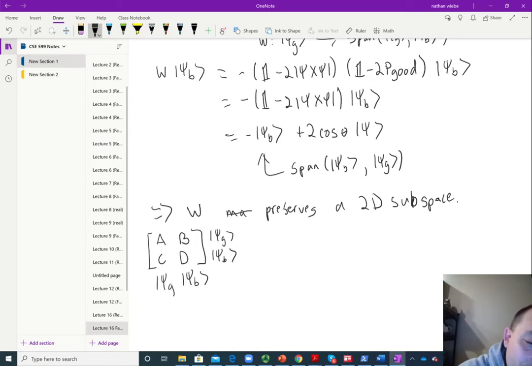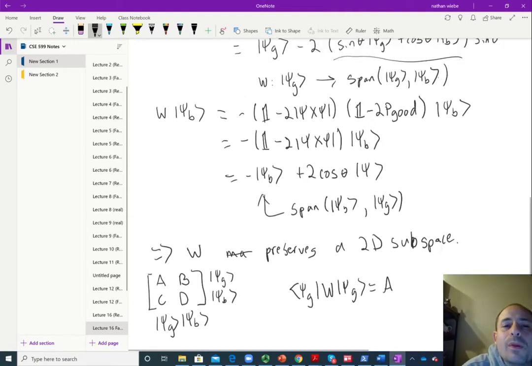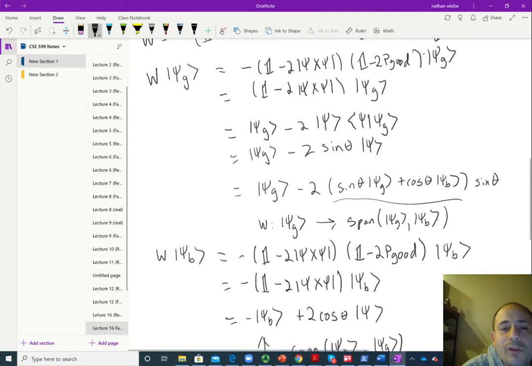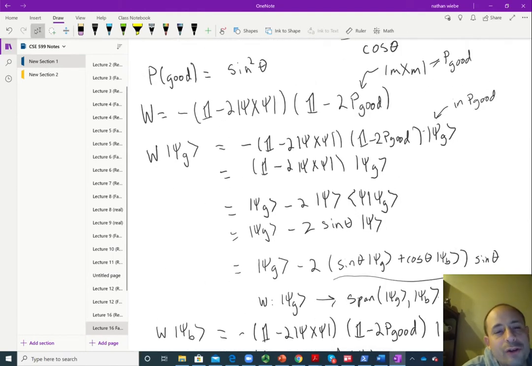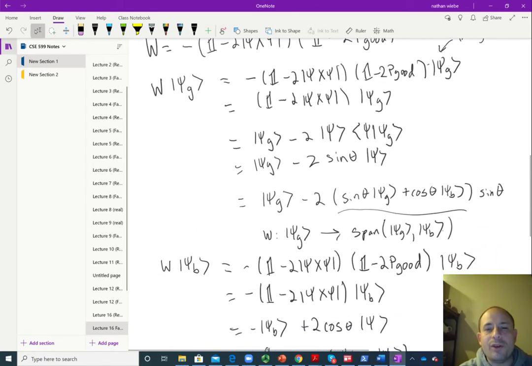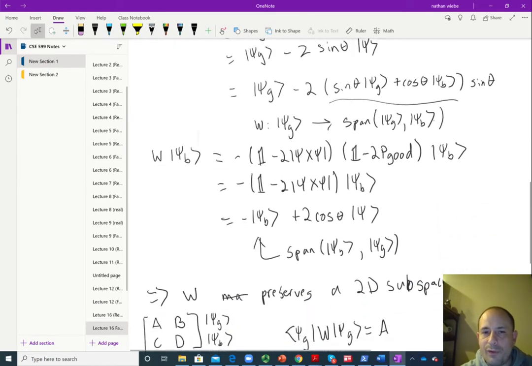In particular, the inner product of psi g with W psi g would be equal to A. If we want to figure out this matrix, we can leverage a lot of the work that we've already done. We ended up finding that W psi g is of the following form.